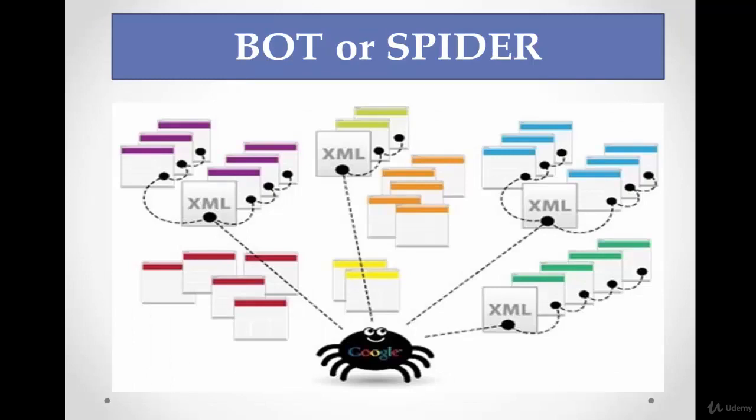A bot or a spider. It's a software application that runs automated tasks over the internet, such as a search engine spider. And the search engine spider for Google is called Googlebot. You can go into your list of visitors.